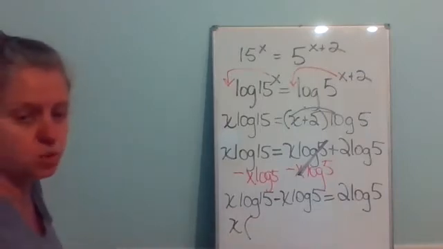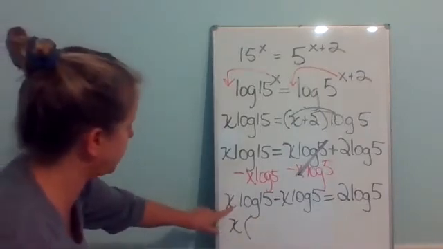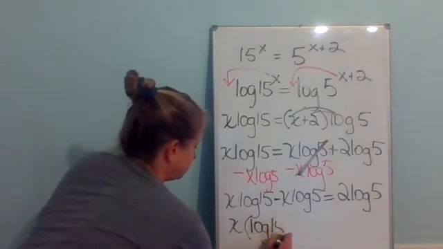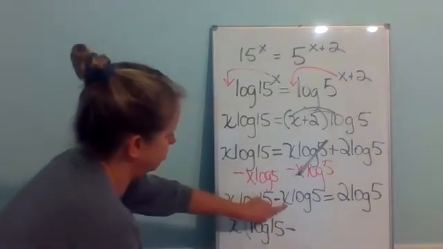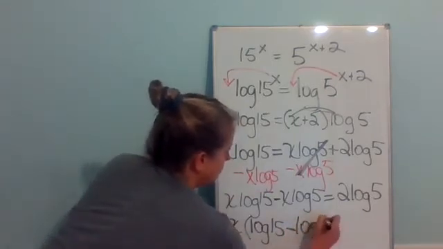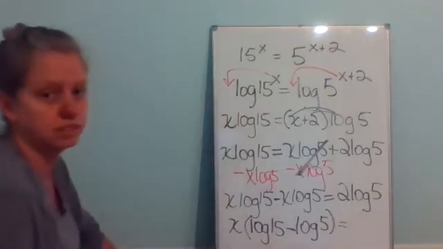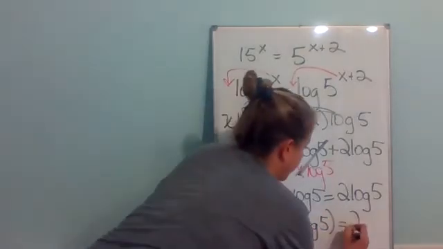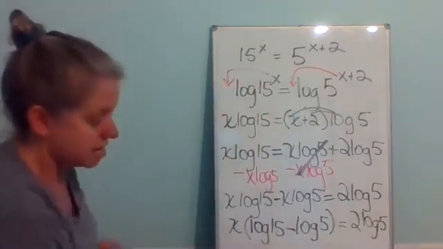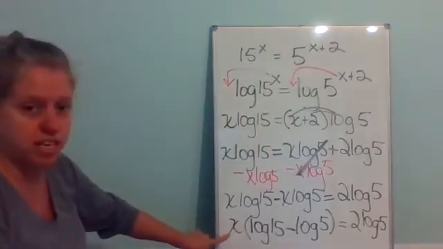And put in parentheses what is left. If you pull the x out, I'll be left with log 15 here, minus, I pulled the x out of this term, so I just have log 5. Over here, I have 2 log 5. So to isolate this x, what do I need to do?